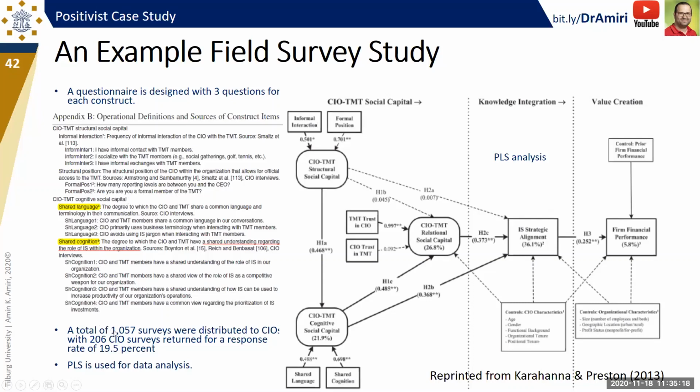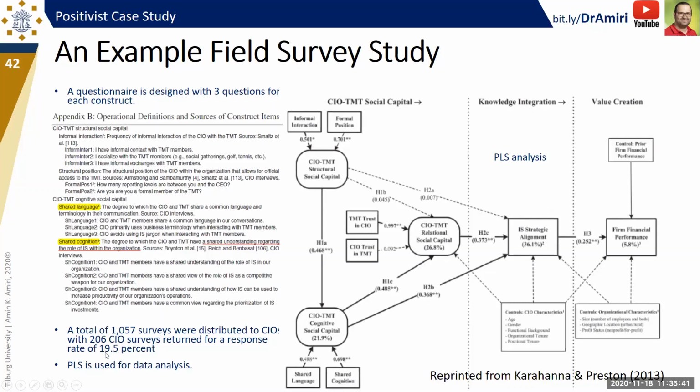And then you distribute the survey to all CIOs in this case. This is perhaps the unit of analysis, CIO TMT. So these authors sent it to 1,000 CIOs, and only 206 CIOs returned the response.